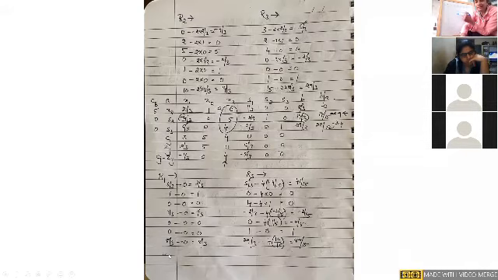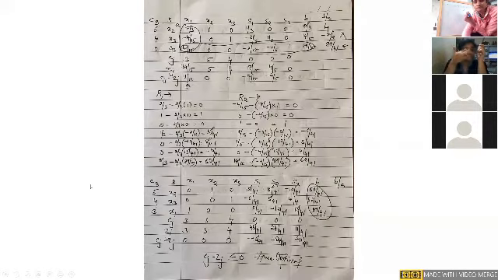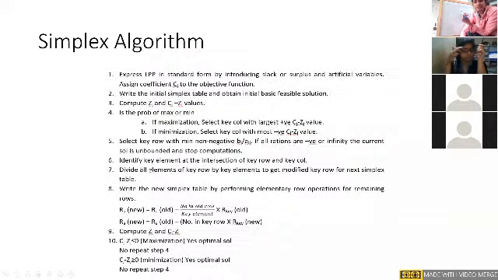This is the new table, girls. Divide the entire key row, which is our first row, by the key element, which is 3. Identify the key element at the intersection of key row and key column. Divide all elements of the key row by the key element to get a modified key row for the next simplex table. So that is what we are doing right now.